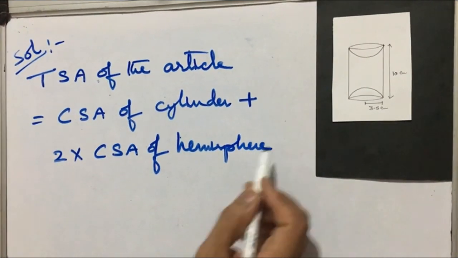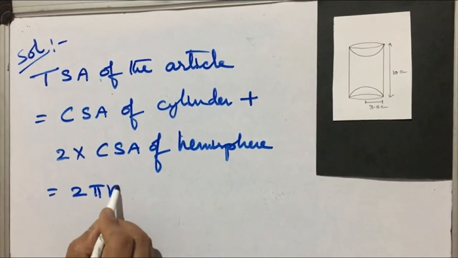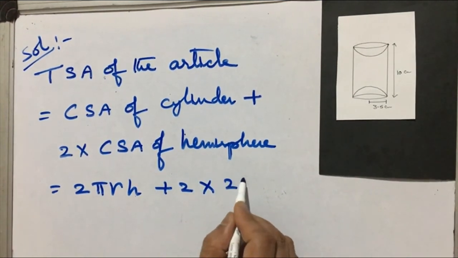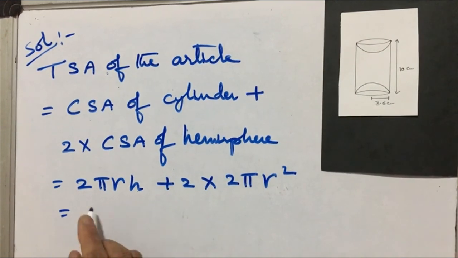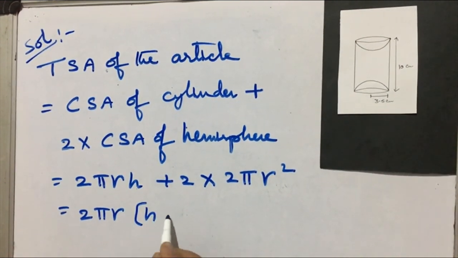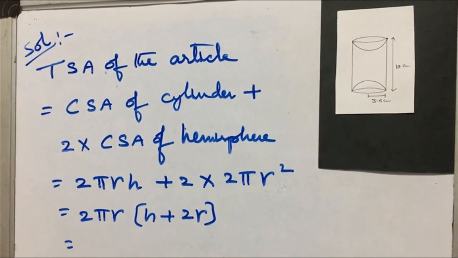In the particular formula, CSA of a cylinder is 2 pi r h and this is 2 into 2 pi r square. Here you can observe that 2 pi r is common. So always remember, if anything comes in common, you write it so that it becomes easy.